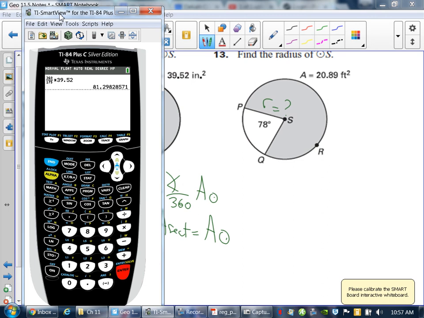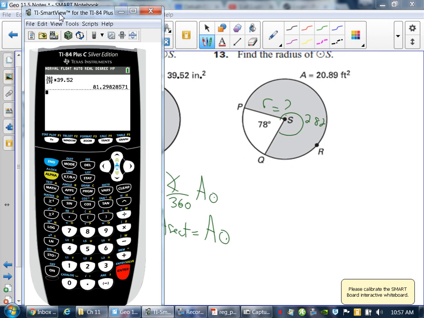So if you have to find the central angle of the shaded region, what would you do? Subtract it from 360. Very good. So start with that. We know that the non-shaded is 78, which gives me a central angle going this way of how much? Do the math: 360 minus 78. Okay, so there's my angle.